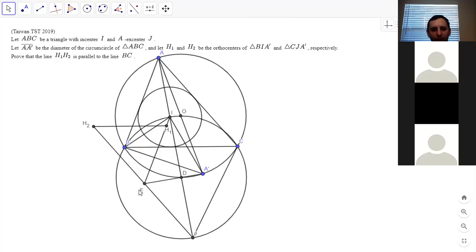Yes. So we just need to prove that the angle that A'B and AD make with A'C and AD is equal, and you let A'C cut AD, so the two angles are equal to each other. Okay.